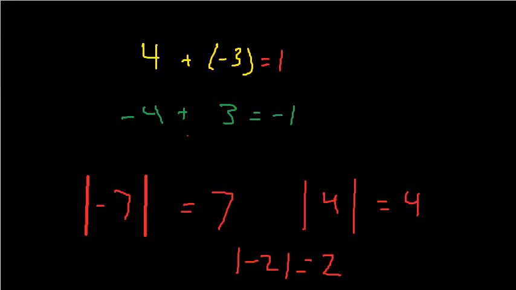Anytime you have that, you can subtract those two numbers, the number with the larger absolute value minus the smaller. Right? That's a little easier to think about than -4 plus 3. It's a little easier to think of it as 4 minus 3. Right? And then we just have to remember in the end, our answer was negative because that larger absolute value was a negative number, so our answer is going to be negative.